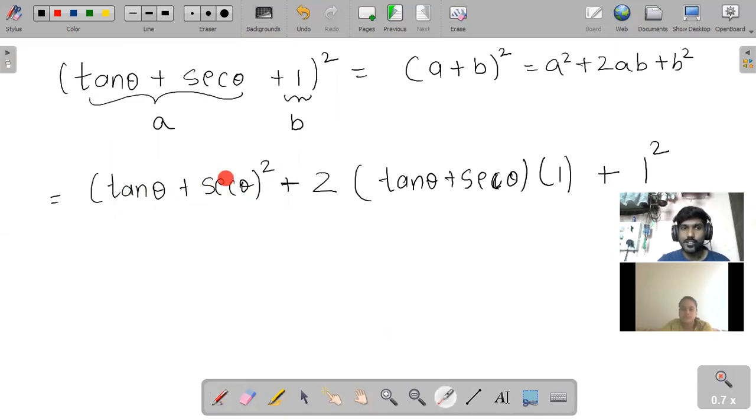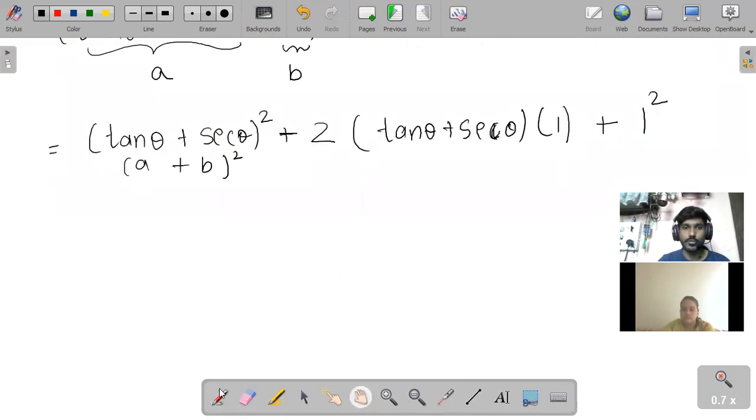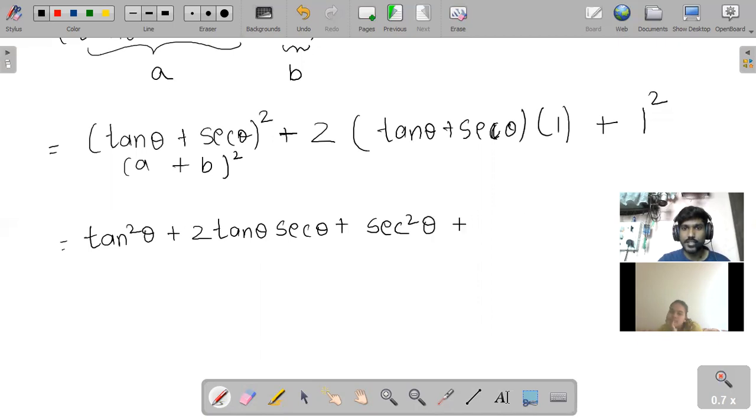Now, at this point, this is again of the form A plus B whole bracket square. So you have to use the formula again. So A square, that is tan square theta, plus 2AB, so it becomes 2 tan theta sec theta, plus B square, that is sec square theta.